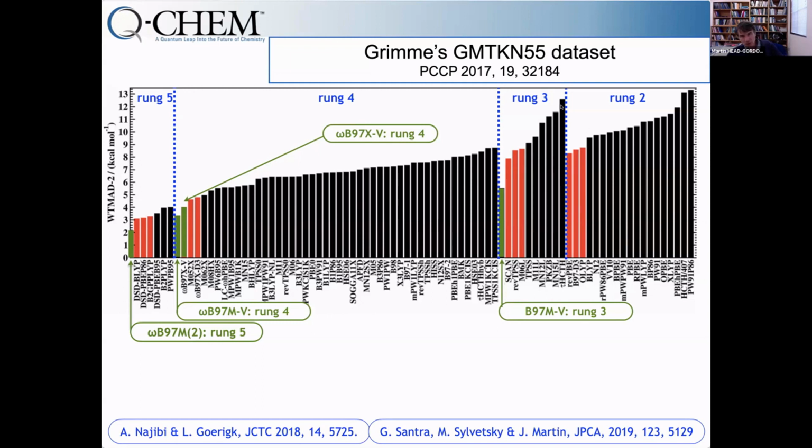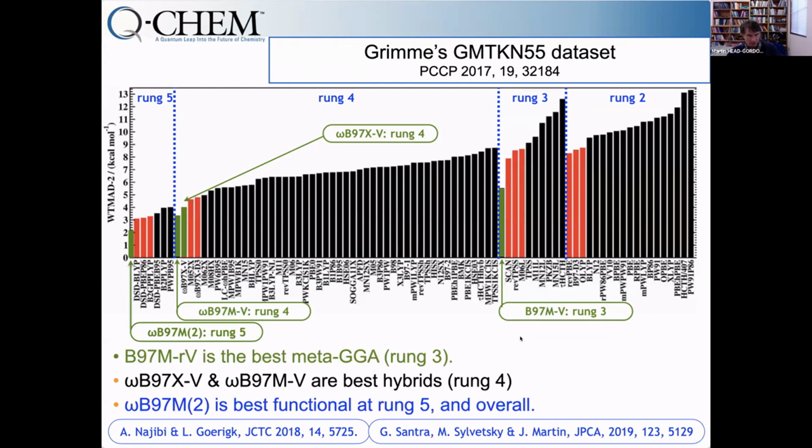You can also see this overlap. The worst functionals at rung 3 are worse than the best functionals at rung 2. The worst functionals at rung 4 are worse than the best functional at rung 3. So the statistical improvement is only in the best functional at each level. Okay, so that is more or less that.